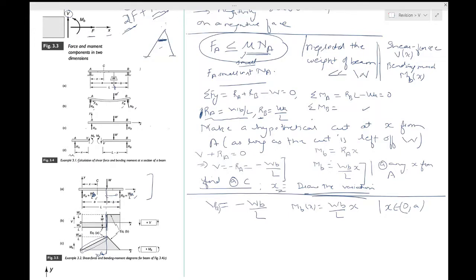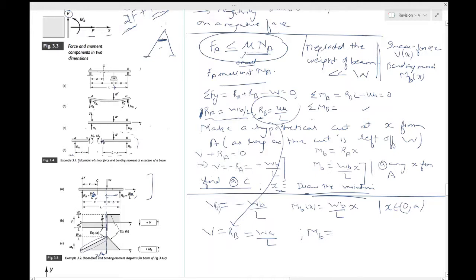So for that, you just do the force and moment balance for this left hand side, and that would happen by writing V is equal to RB, and this RB you can take from here, which makes it equal to WA by L. Similarly, MB will become equal to the moment balance you want to take from this point.